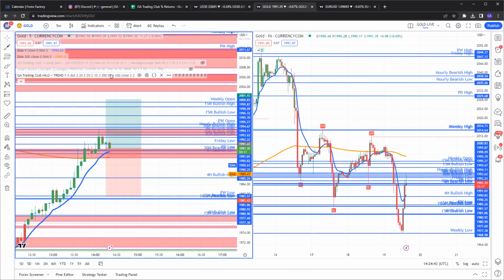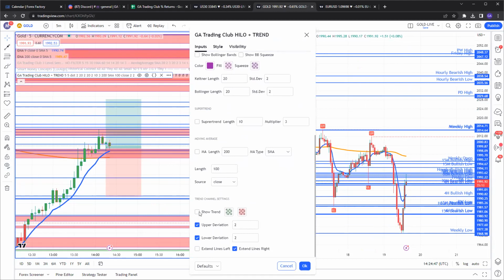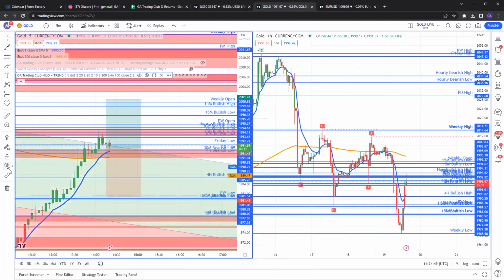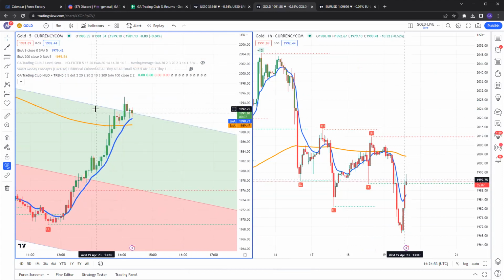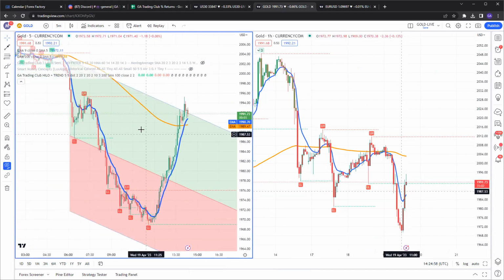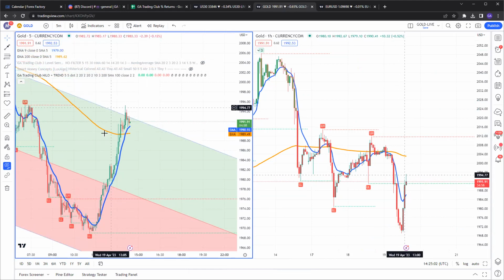So if we go to gold, let's see what gold has. Show trend, hide this. Yeah, so gold is actually still trending to the downside. But for gold, we do have this golden cross. Yeah, but this is what I mean by this trends to the downside. As much as even gold is in a bullish channel, the slant is to the downside.